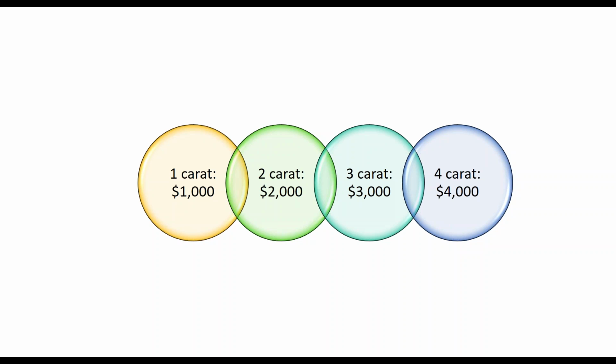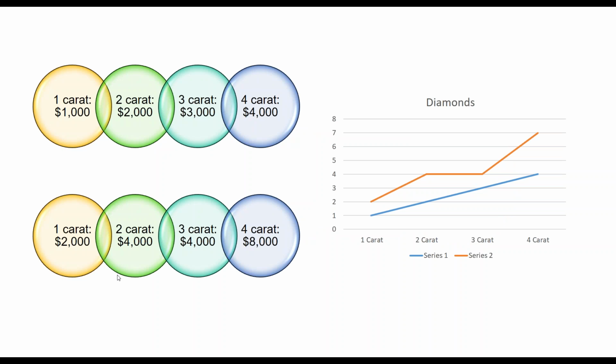So we go to this flea market altogether. 1 carats are trading for 1,000, 2 carats are 2,000, 3 carats are 3,000, 4 carats are 4,000. 5 hours later, we're all walking together in our big posse, and the prices start to change just based upon supply and demand. And the new prices, the 1 carats have doubled in price, the 2 carats have doubled in price, the 3 carats are up 25%, and the 4 carats have doubled in price.